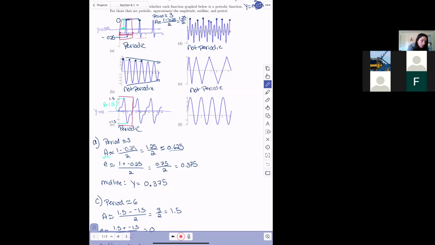Even though all of the peaks are the same height in the positive and negative direction, the period length, so the amount of time it takes to finish a complete cycle, is changing. So it's not cycling through at a consistent rate. So it's not periodic. And lastly, F is periodic.